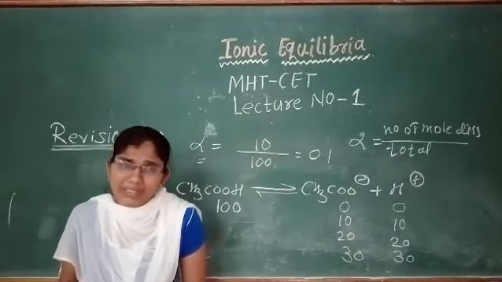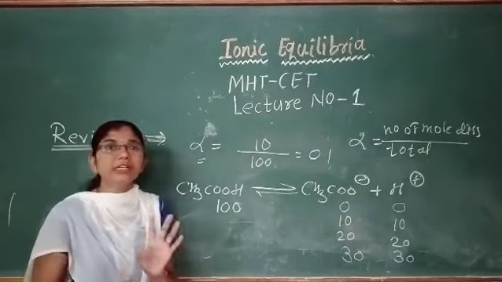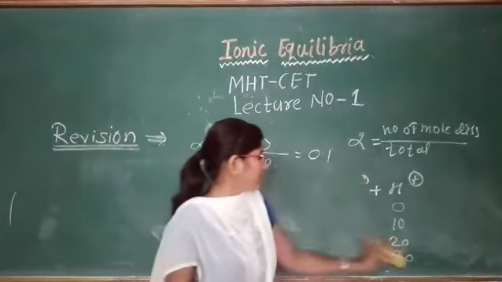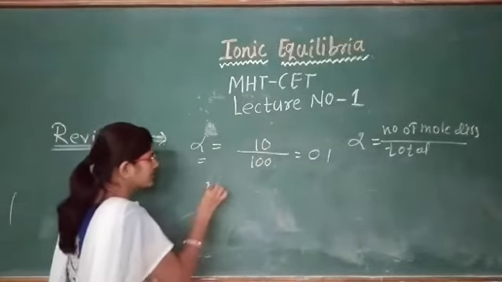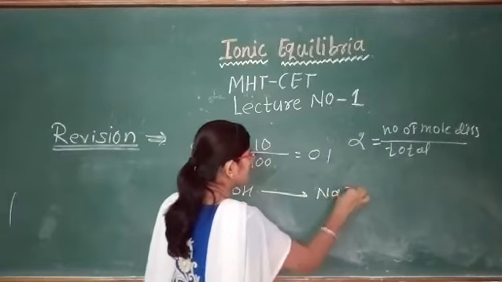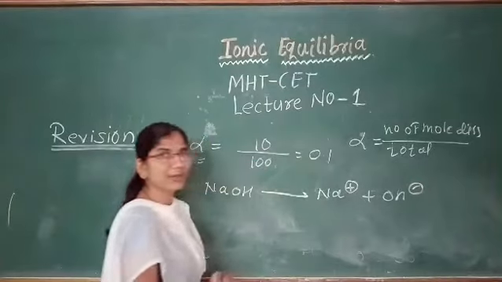Then for a strong electrolyte, what is the value of alpha? Suppose we take a strong electrolyte which dissociates completely, for example NaOH, which dissociates completely into its ions, Na plus and OH minus.